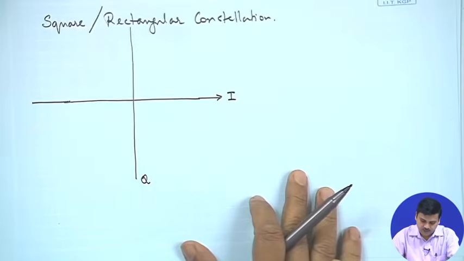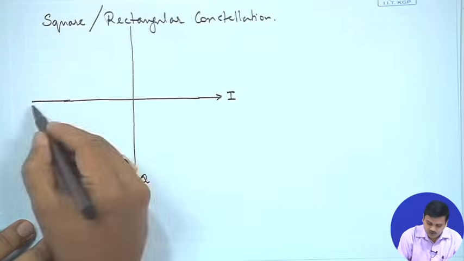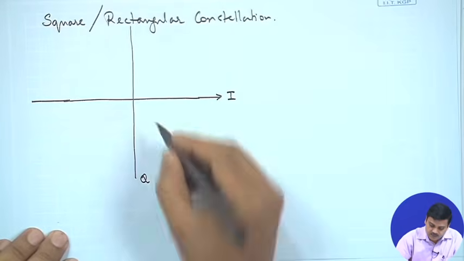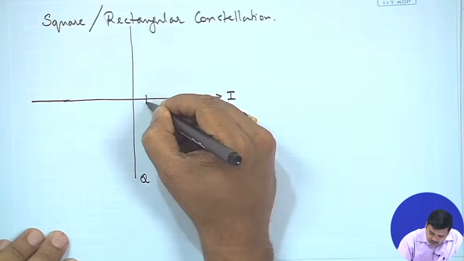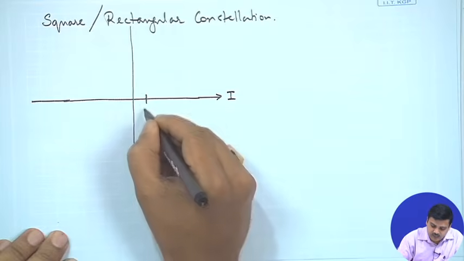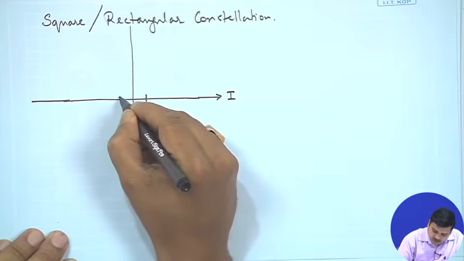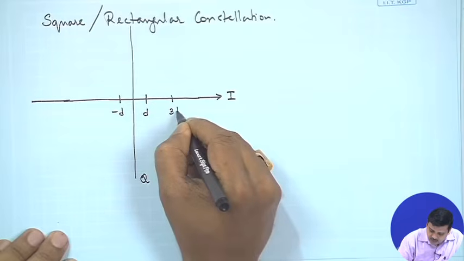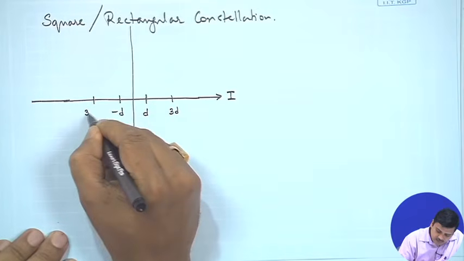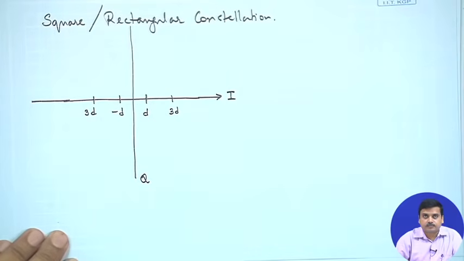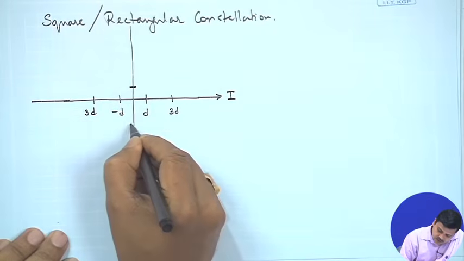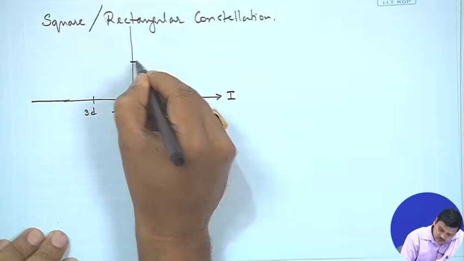So, we can think of a pulse amplitude modulated on the I axis, a pulse amplitude modulated on the q axis. If you are doing pulse amplitude on the I axis, you have a d, a minus d, a 3d, a minus 3d if you have 4 levels, and similarly you can have 4 levels on the q.